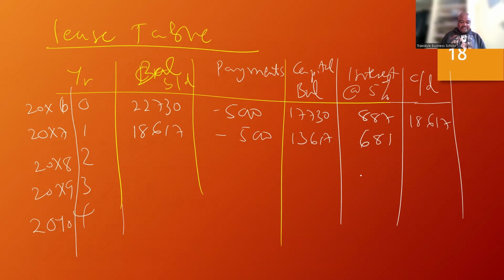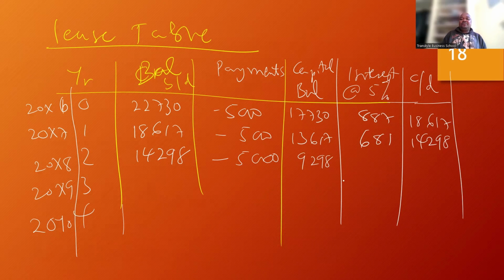And this increases the capital balance to 14,298. We take the 14,298 here, and we reduce by 5,000. 14 minus 5, that's 9, isn't it? 9,298.